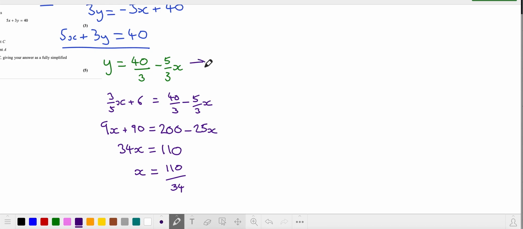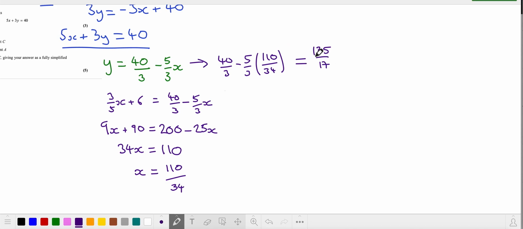So let's use this one that's right here. 40 thirds minus 5 thirds of 110 over 34 gives us, tapping away on my calculator here, 135 over 17.